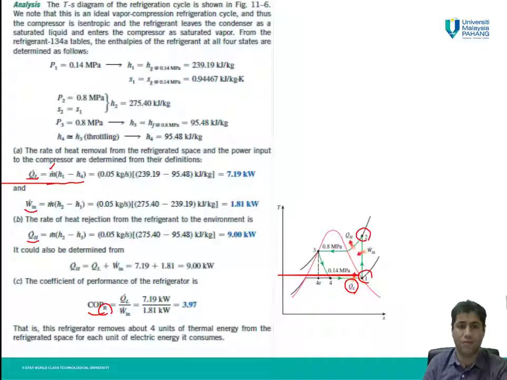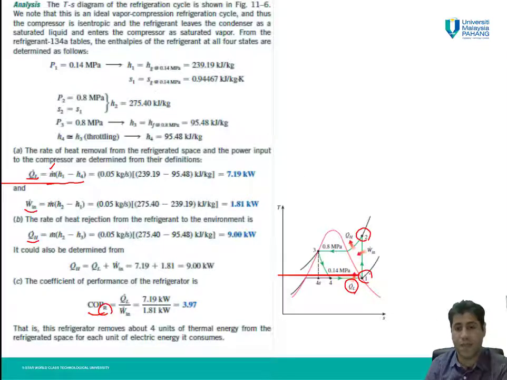And to find Q dot L, W dot in and Q dot H, we need to have these enthalpies. So our problem is simplified to finding enthalpies or the thermodynamic properties for each one of these states. Now let's see how we can find these thermodynamic properties for these four different states.